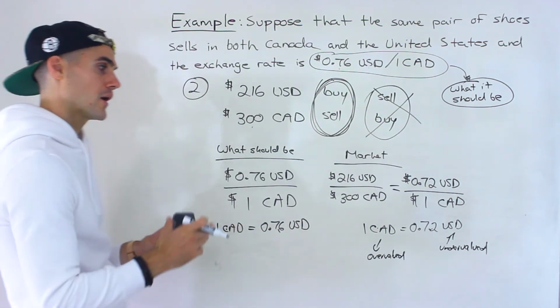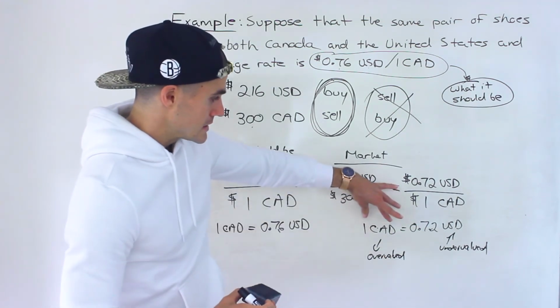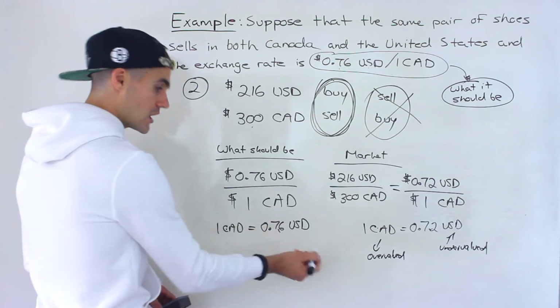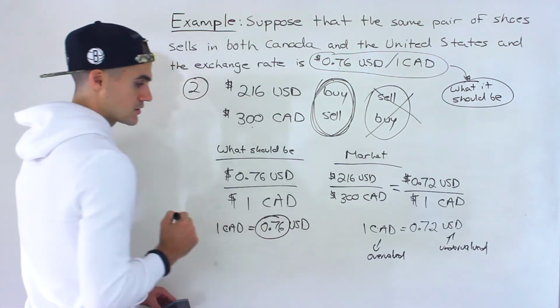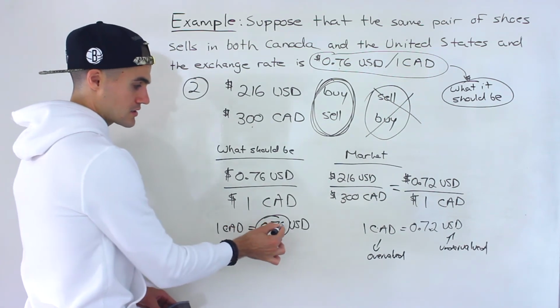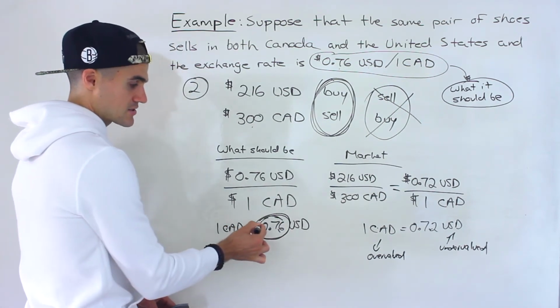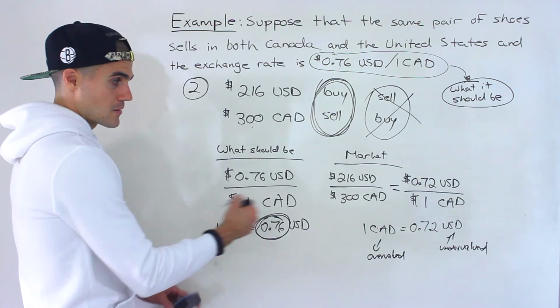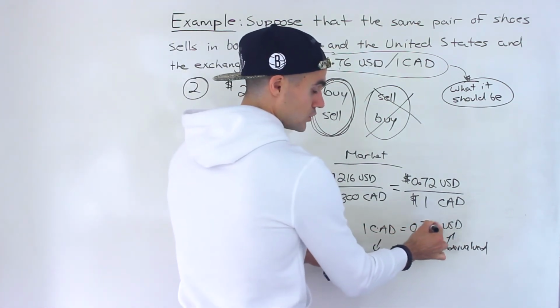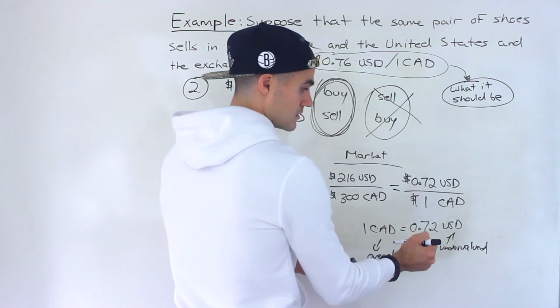Or you could think about it the other way. To get $1 Canadian, it should cost us 76 cents USD. To get 1 CAD, it should cost 76 cents, 0.76 USD. But right now, to get 1 CAD, it's costing us only 0.72 USD, 72 cents.